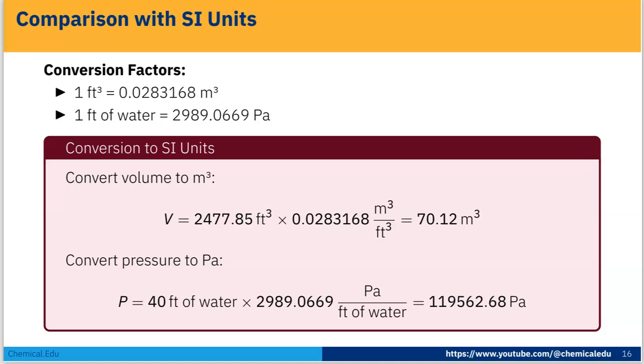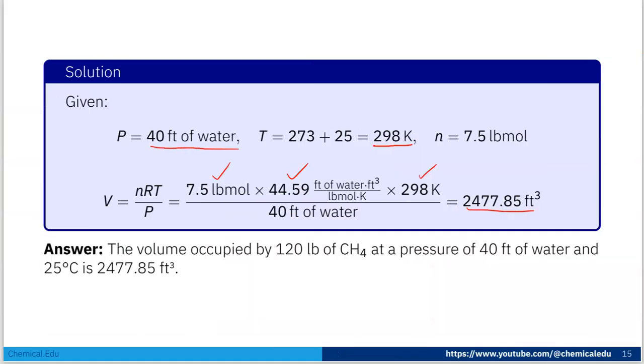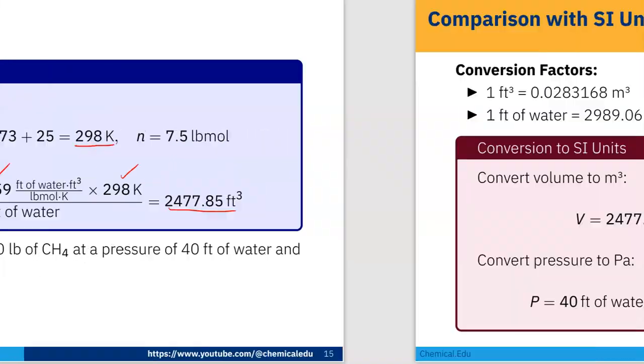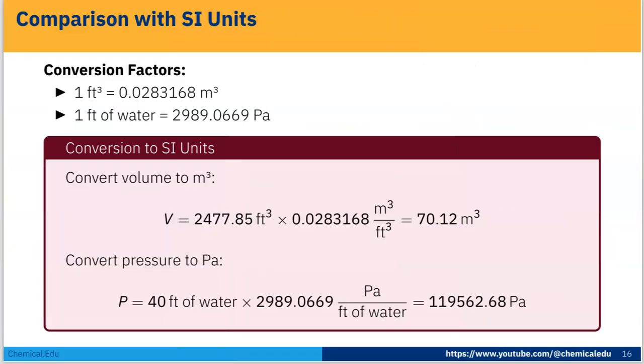Next is conversion. Now we got the result in FPS units. If I convert to SI units, will we get the same result or not? We know that 1 feet cube is nothing but 0.0283168 meter cube, and 1 feet of water is nothing but 2989.0669 Pascal.